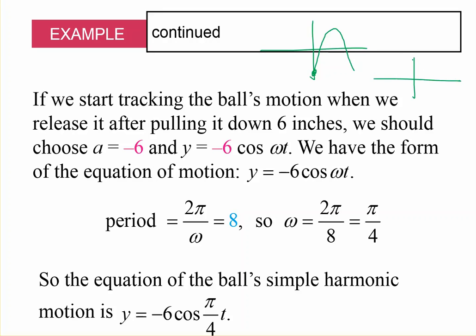If we start at a high position, like we're throwing something down but then it's going to spring back up, sine curves tend to be at 0, and that starts when it's just starting to stretch. So we use whatever value we need. Since we know we pulled it down 6 inches, we're going to use a negative in front of cosine to bring it starting at a negative level.